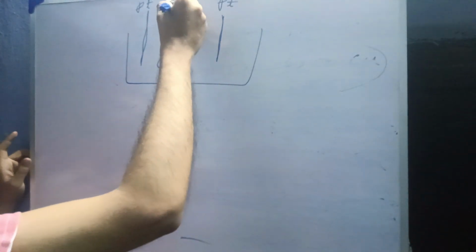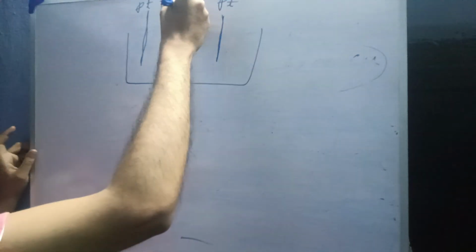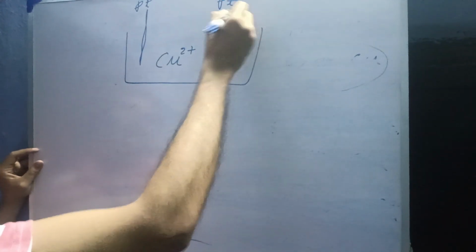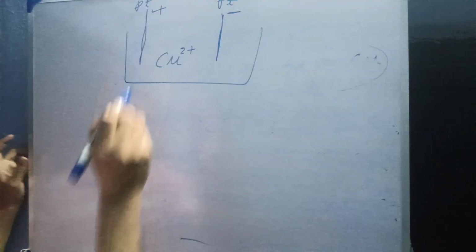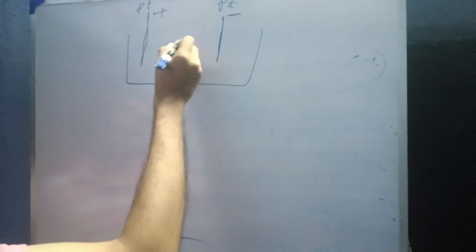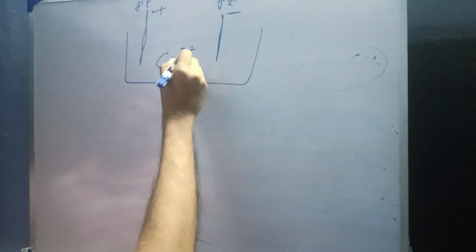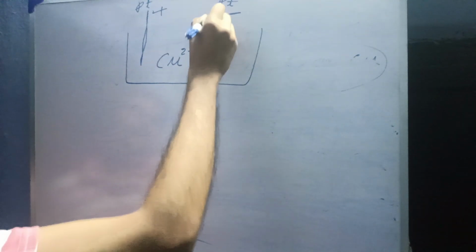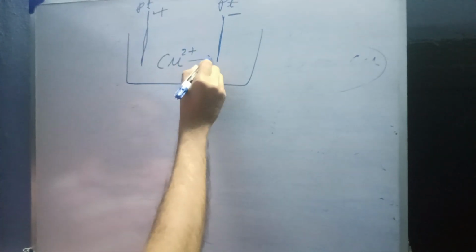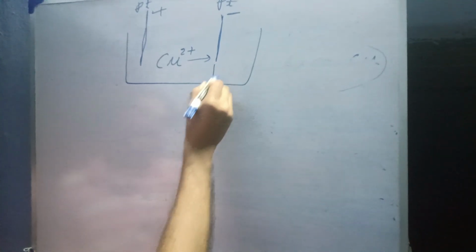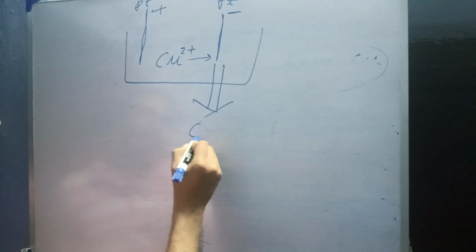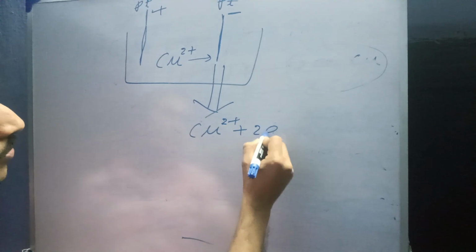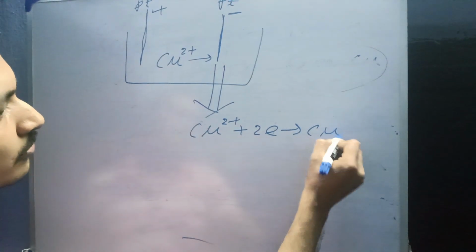If we connect a battery, with the negative side here and the positive side here, then this Cu2 plus, as it is a cation, moves to the negative electrode, and there it is reduced to copper.